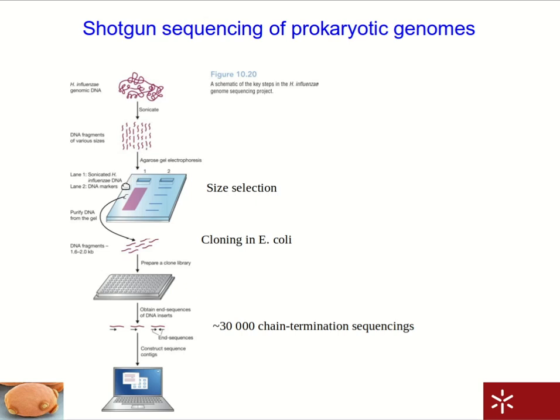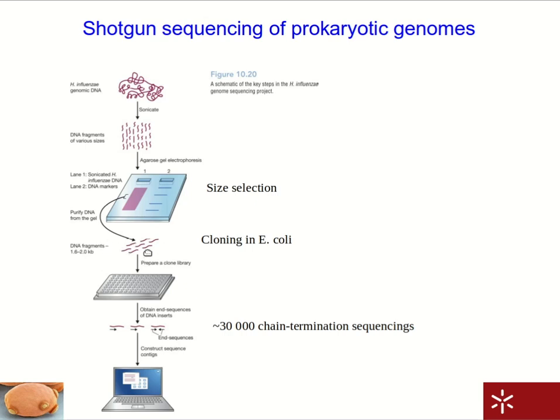These fragments we separate on a gel, and we make a size selection here. This size selection is very important for reasons that I will discuss later. We cut these fragments out and obtain, in this case, fragments between 1,600 and 2,000 base pairs long.